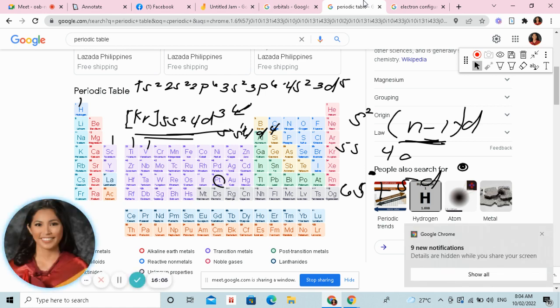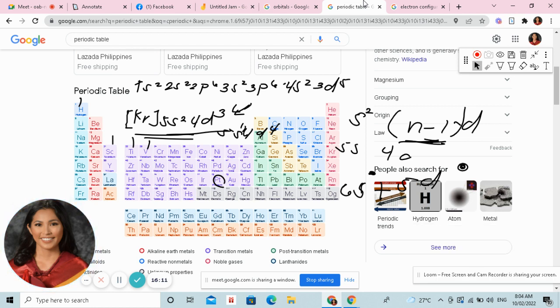Alright. Okay, so what's the valence electrons of Ag? Five, one, and four, then 10, ma'am. Valence electrons na. Number of outermost electrons. Okay, we have 2 for s orbital.